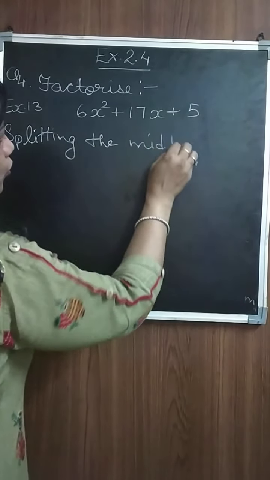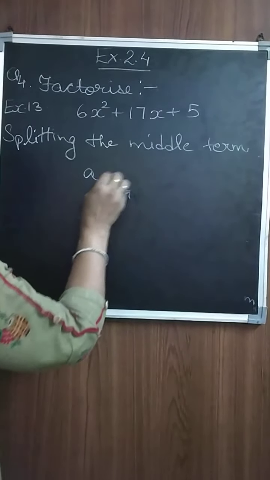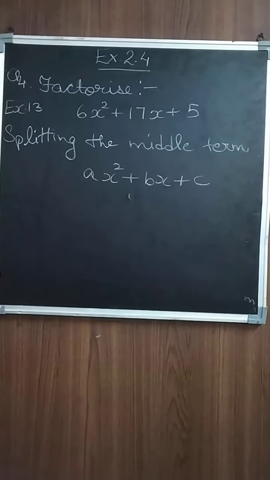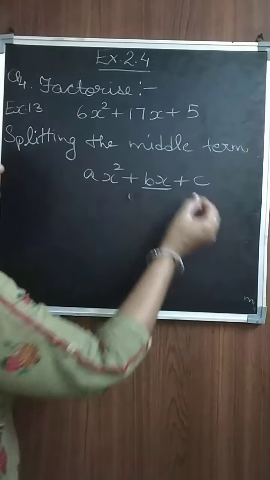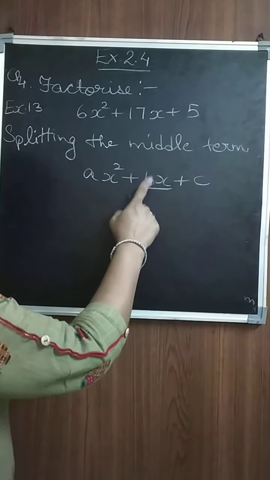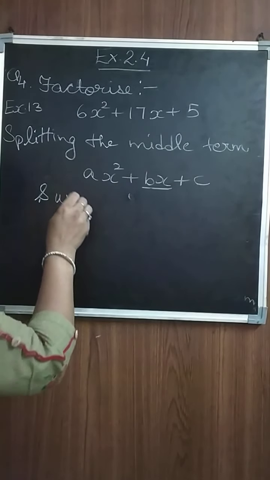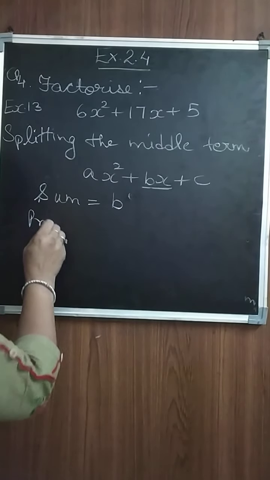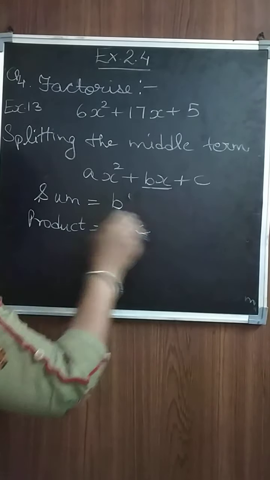It's related to the quadratic polynomial only. ax square plus bx plus c is the standard form of the quadratic equation. The middle term is the one which is always with the x. We have to split this term in this way: the sum of the factors should be equal to b, and the product of those factors should be equal to a into c.